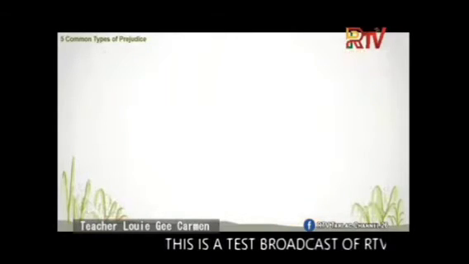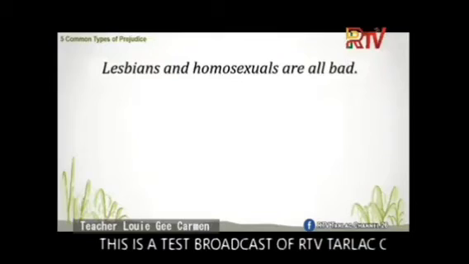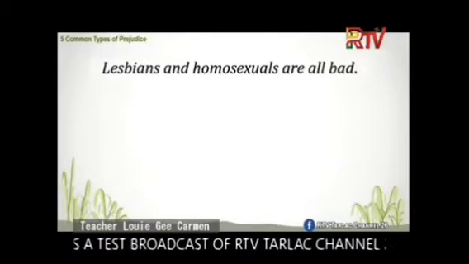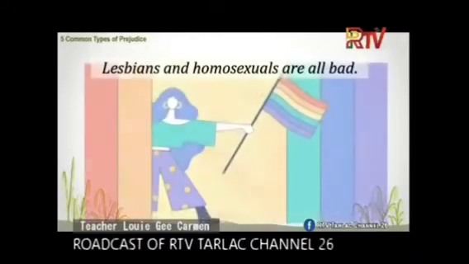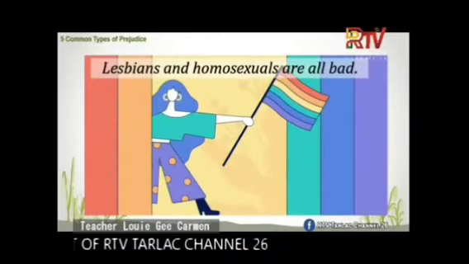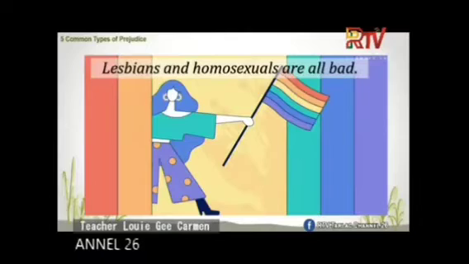Let's take a look at the third statement. Lesbians and homosexuals are all bad. My goodness, this is a very alarming opinion and judgment against lesbians and homosexuals. This prejudice is clearly against LGBTQ community.